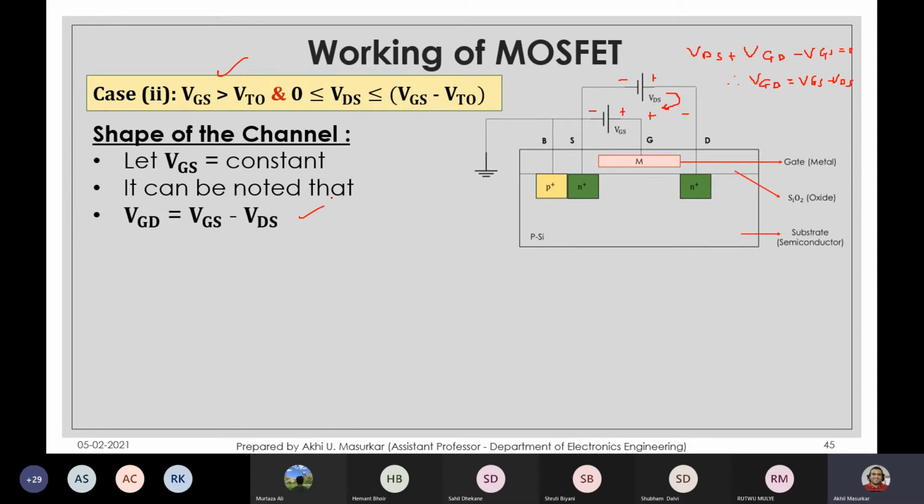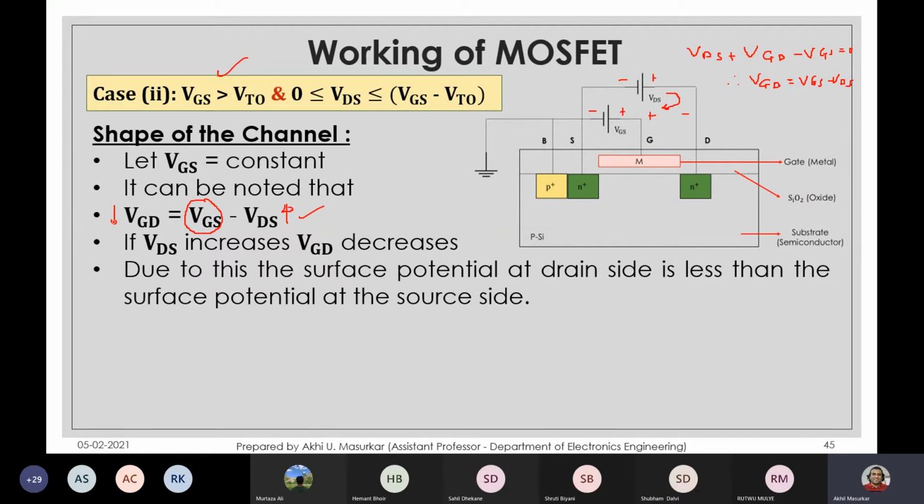So you can see now that if VDS increases, VGS is fixed, it's not changing. So what will happen to VGD? It is going to decrease, and because of this, the surface potential on the drain side will become less than the surface potential on the source side.